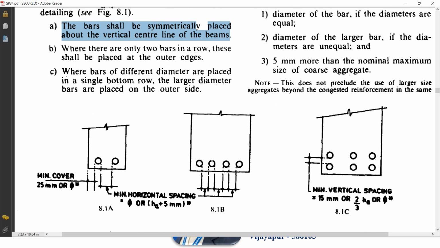The bars being placed have to be symmetrical about the vertical axis. If I draw one vertical axis here, the bars have to be symmetric about that vertical center line of the beam. It should not happen that bars are placed only on one side.